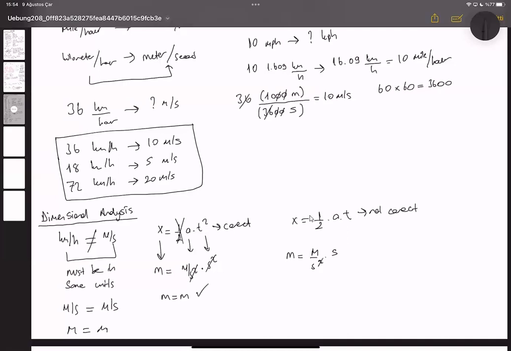So when we cancel the seconds, we find meter equals meter per second. It is not equal because of that. If the left side is true, it will be meter. If the right side is true, it will be meter per second. So you can easily find out which formula is true and which formula is wrong for your calculations or your workings. Dimensional analysis is used for them.